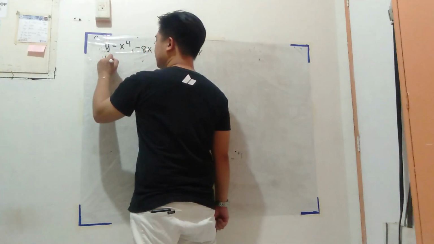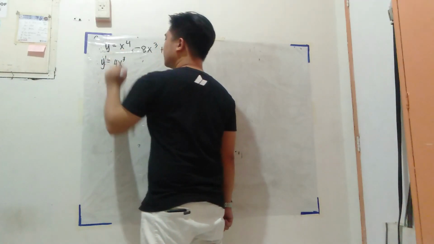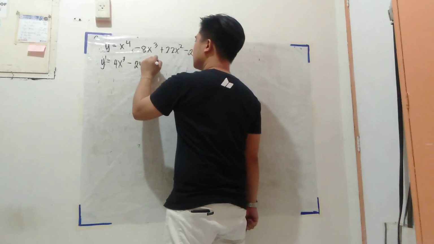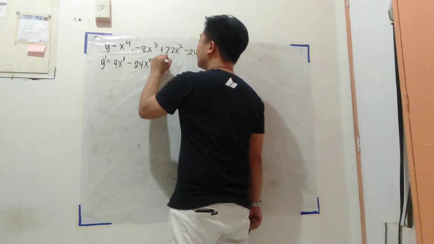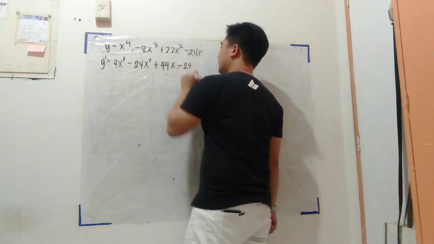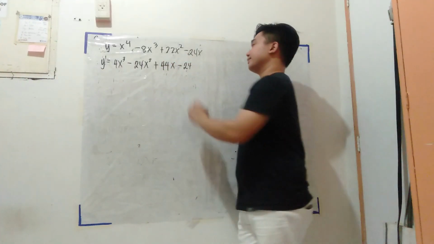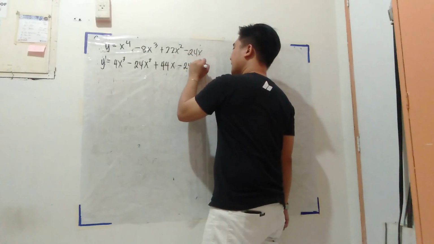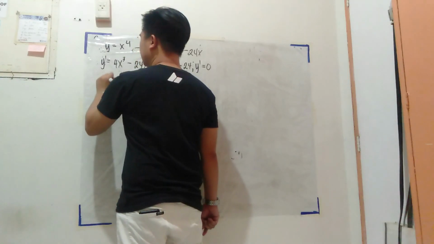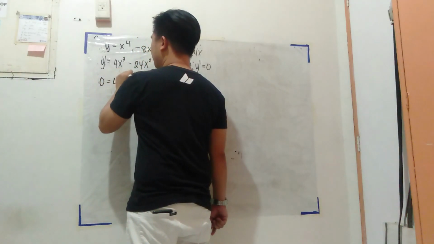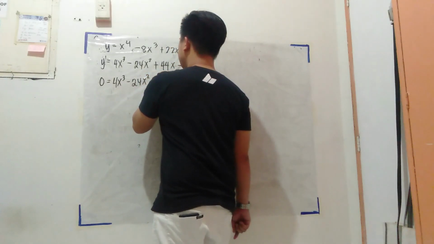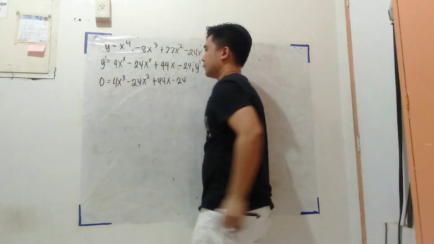So, y prime here is 4x cubed minus 24x squared plus 44x minus 24. Second step, set y prime to 0. So 0 is equal to 4x cubed minus 24x squared plus 44x minus 24.